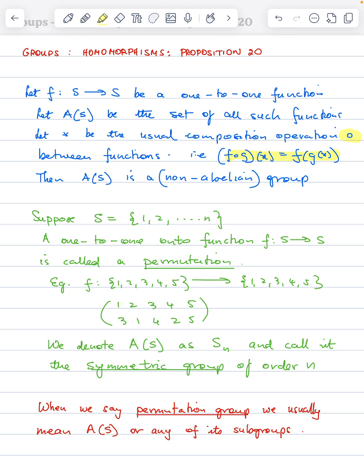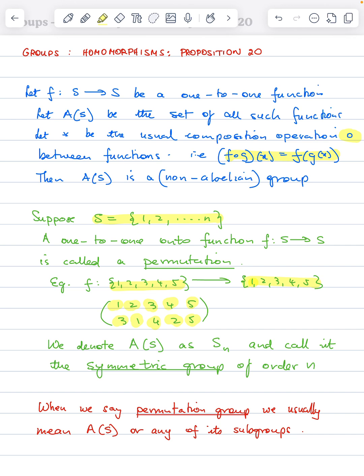Okay, so specifically, if S is equal to 1 to n, then a one-to-one onto function f from S to S is called a permutation. For example, if f is a function from 1 to 5 to itself, then this is a permutation. 1 gets mapped to 3, and this is how we write it. 2 gets mapped to 1, 3 gets mapped to 4, 4 gets mapped to 2, and 5 gets mapped to 5 itself.